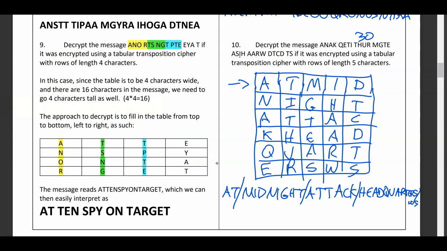So that we can get our message out of that. At midnight, attack headquarters. With all the examples being headquarters and attack and spy and everything, clearly this coding was primarily a war conversation. Caesar shift, Caesar being involved in lots of war campaigns.